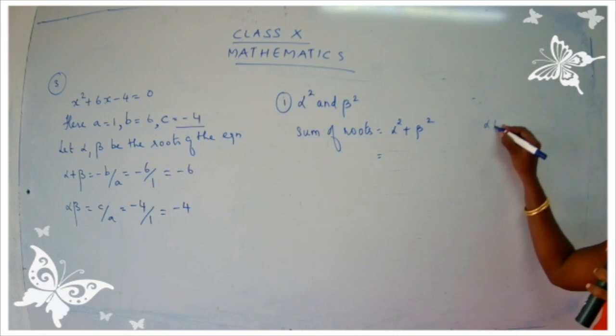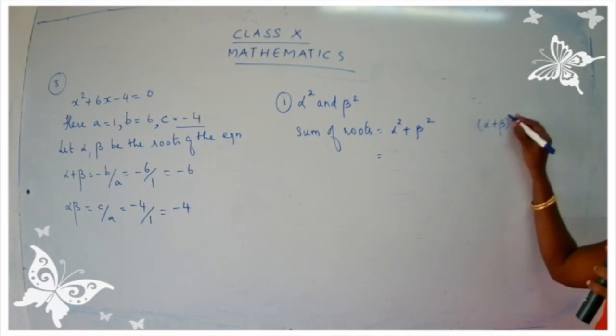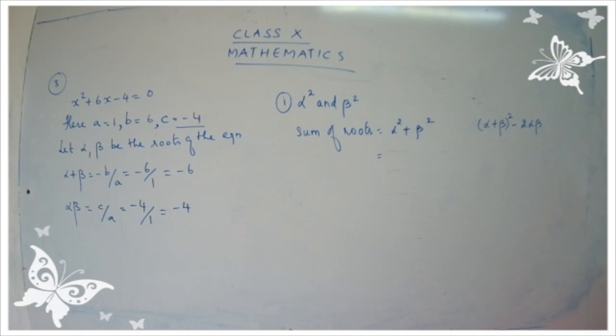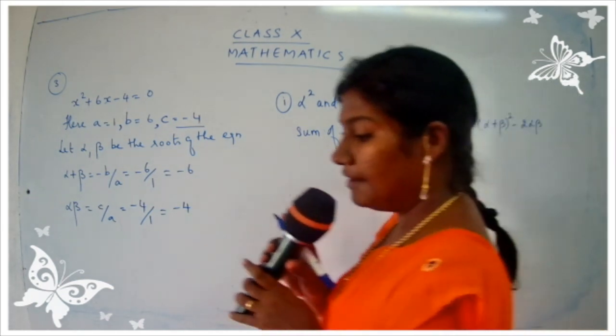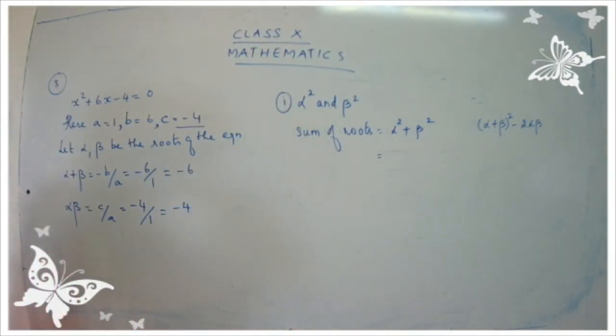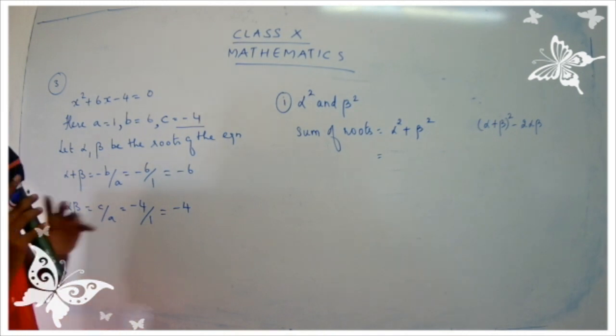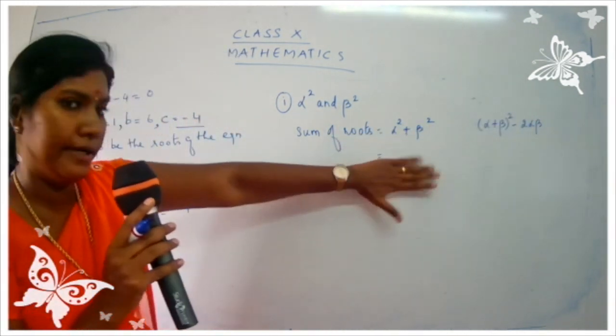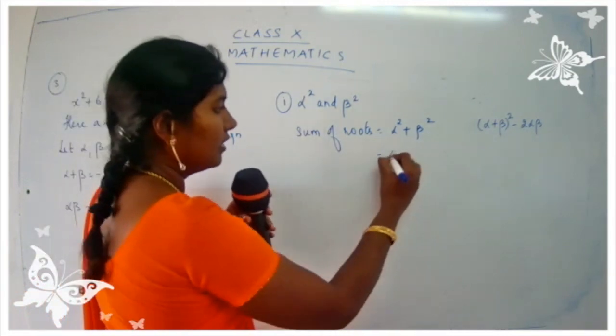Yes, it was alpha plus beta the whole square minus 2 alpha beta. What I'm going to do is write down the formula over here. Let's write down the formula, children.